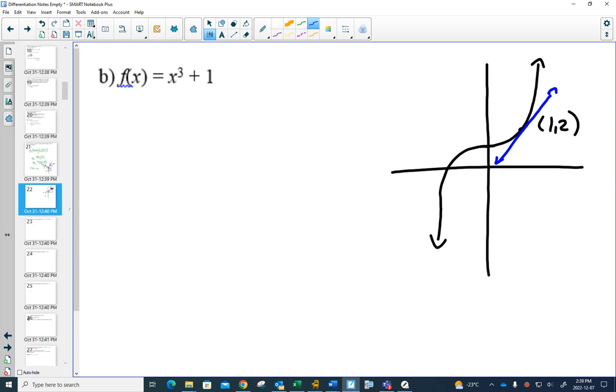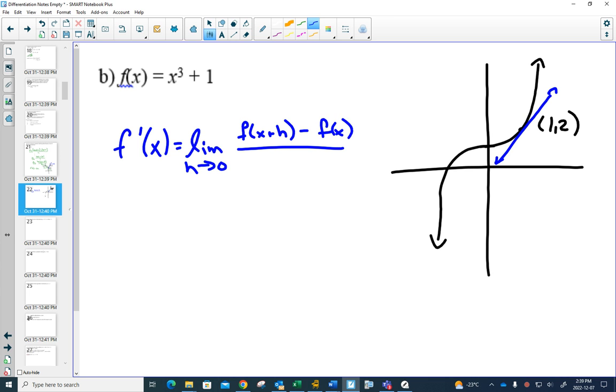So right now, if we want to find out that slope, we would have to use Newton's quotient or the definition of the derivative and say the equation of the derivative will be the limit as h goes to 0 of our slope function, which is f of x plus h minus f of x over h.